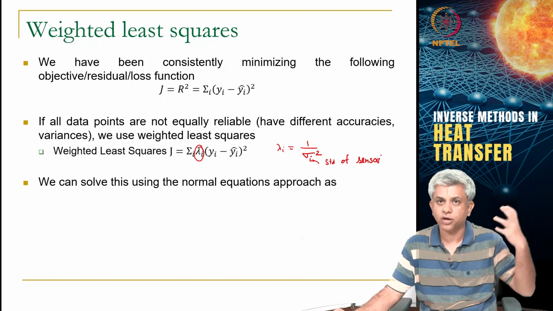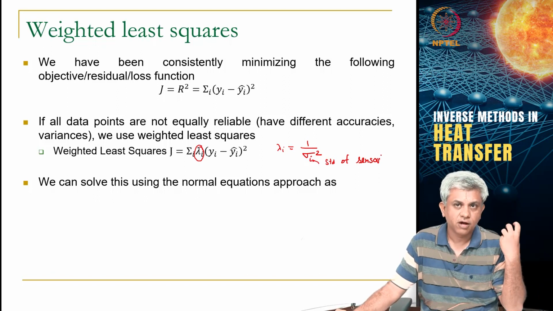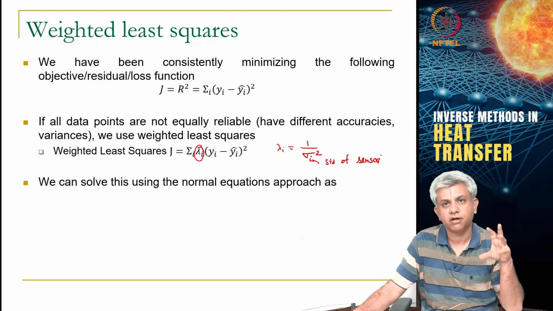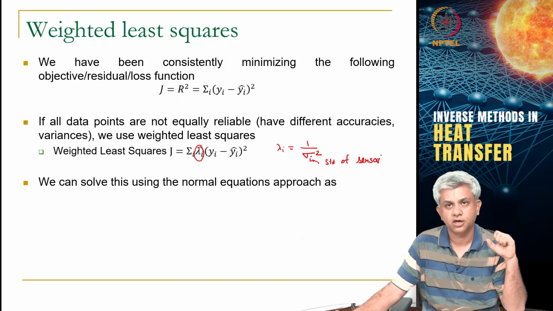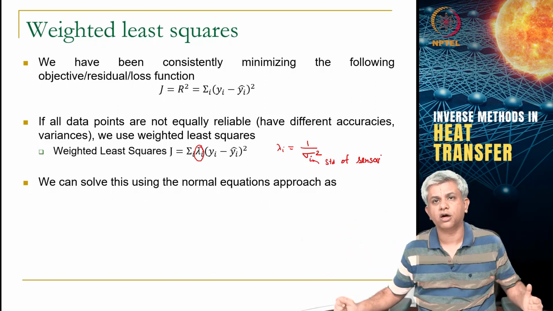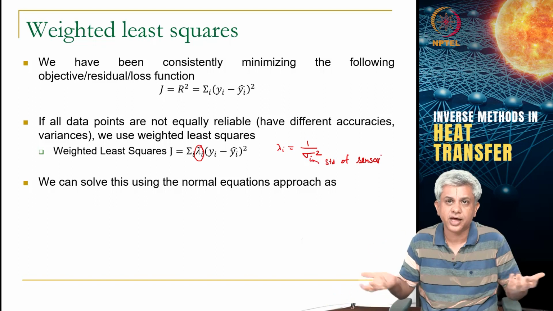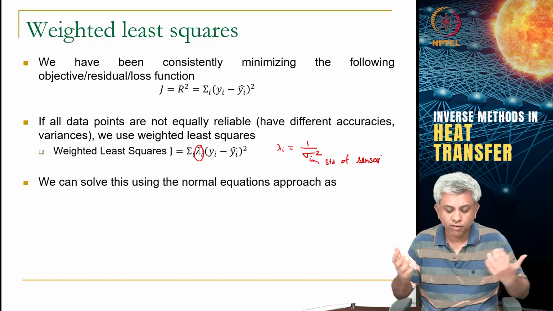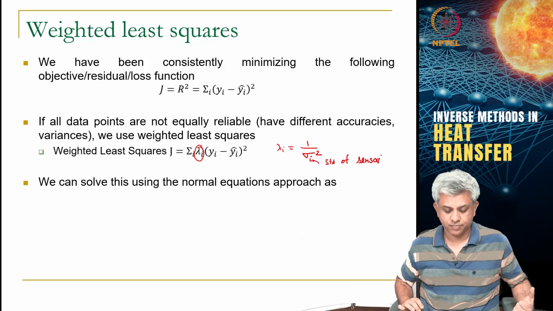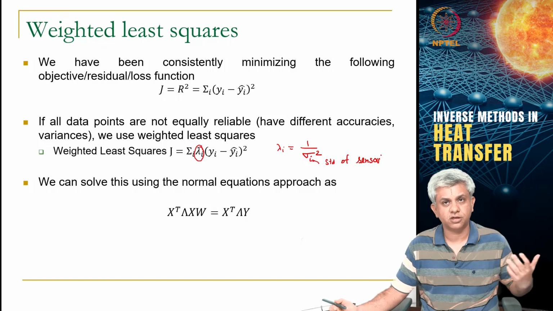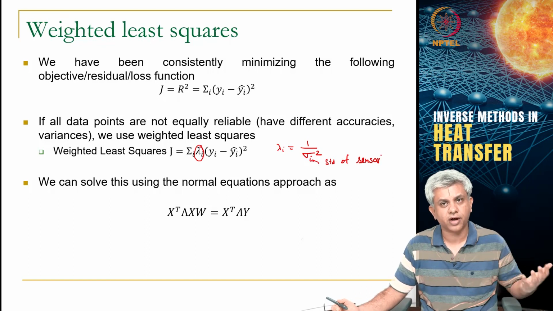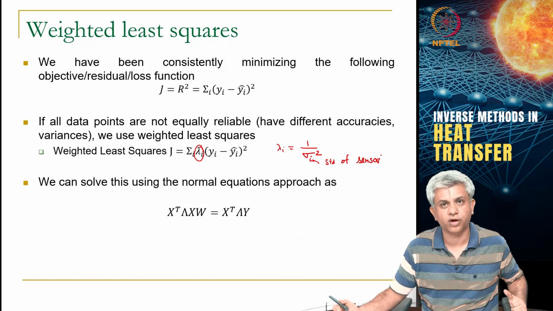You have to calibrate your sensors, find out your thermocouples, let us say, and then you say, okay, the variance is so much. And then if not all of your thermocouples are equally inaccurate or equally accurate, you will have to weight them differently. The solution in the normal equation sense, which I just wrote, I did not derive it, but it is possible for you to derive it.